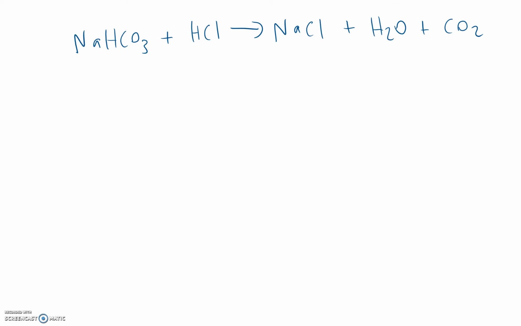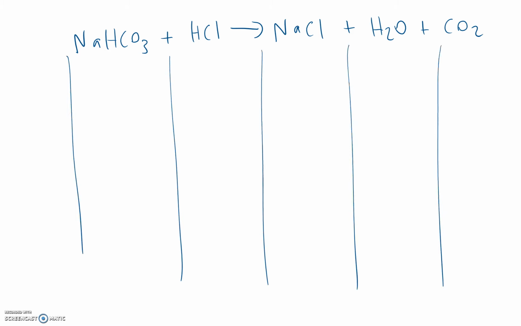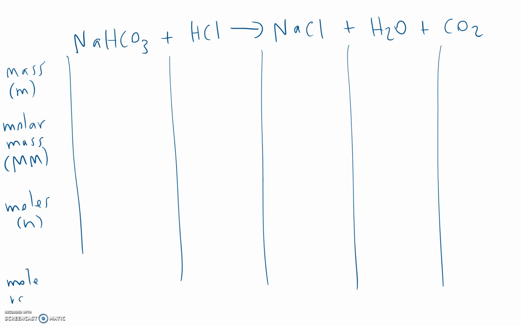Before we go into steps 2, 3, 4 and 5 of our 5-step process, I'm going to make a table. I make a column for each species in the reaction and I will make 4 rows. So we have mass, molar mass, moles, and we have a mole ratio.